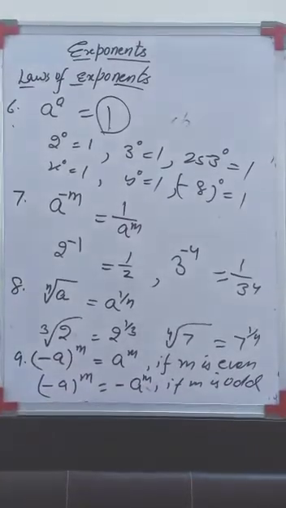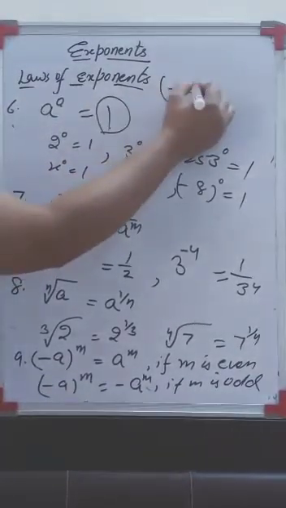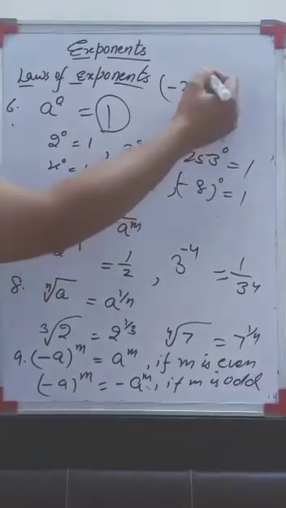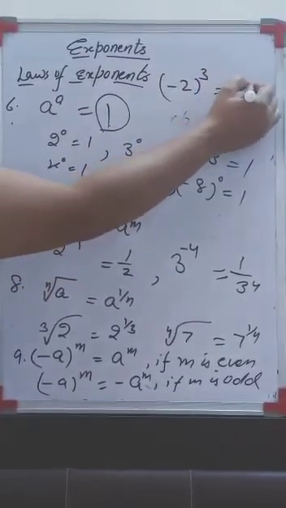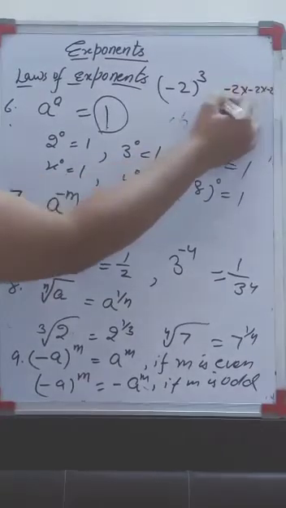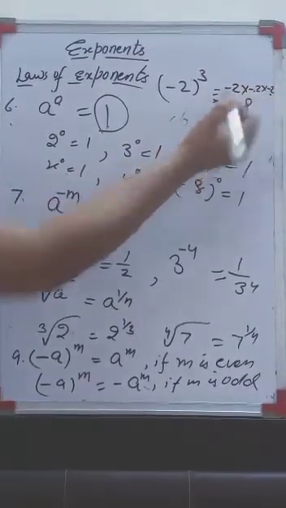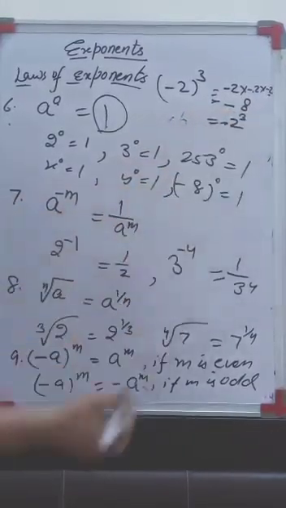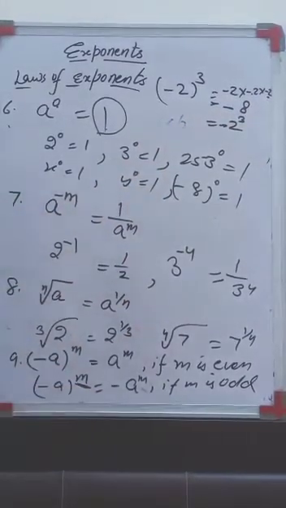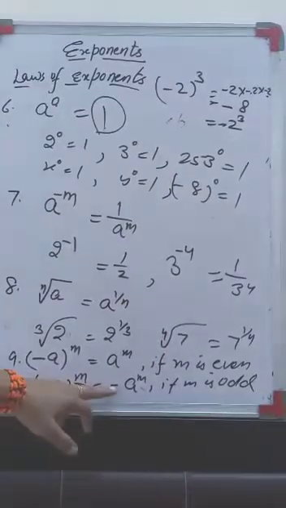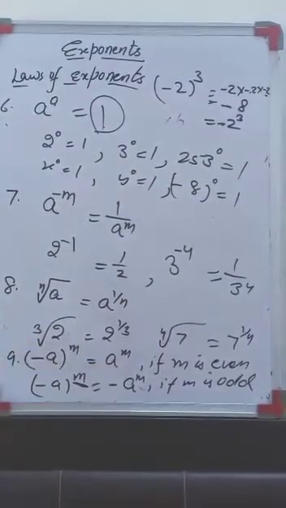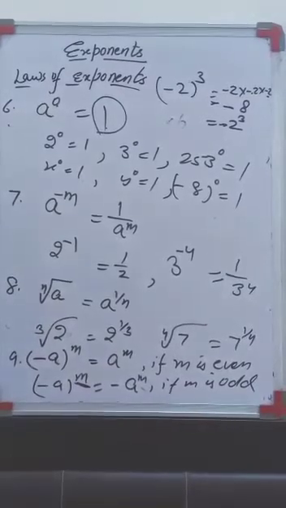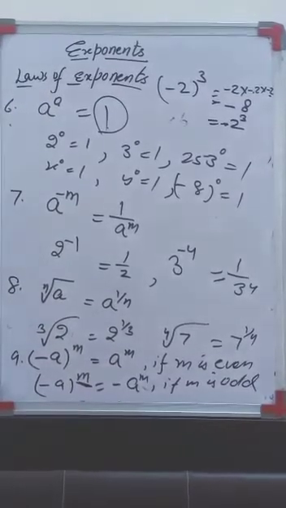For example, minus 2 raised to power 3 is minus 2 into minus 2 into minus 2, which is minus 8. That means if the power is odd, your result will be negative. If your power is even, your result will be positive, right? So that was the ninth rule.